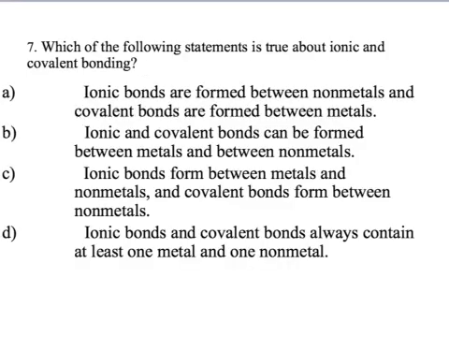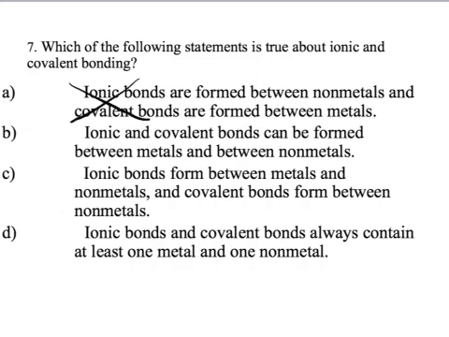Which of the following statements is true about ionic and covalent bonds? Well, let's review in our heads quickly what we know. I know that an ionic bond is between a metal and a nonmetal, and a covalent bond is between nonmetals. Okay? So A says ionic bonds are formed between nonmetals. Wait a minute, that's wrong because we just said ionic bonds are formed between a metal and a nonmetal.